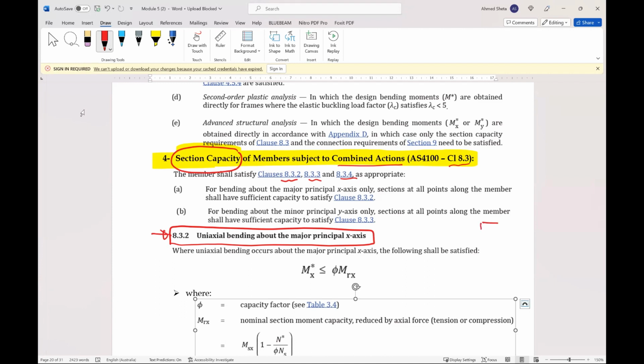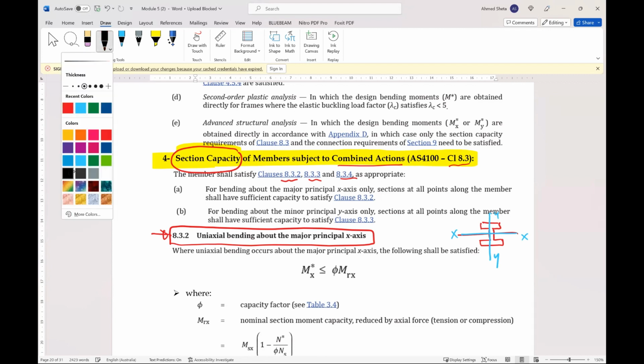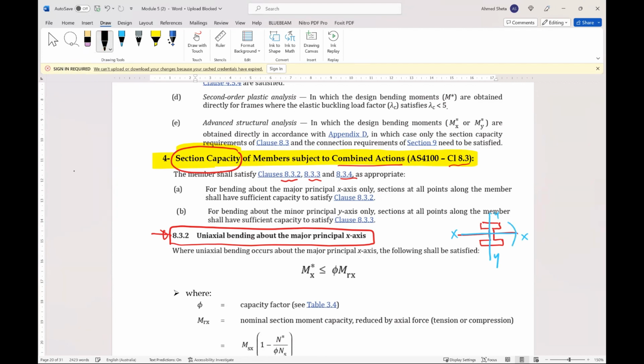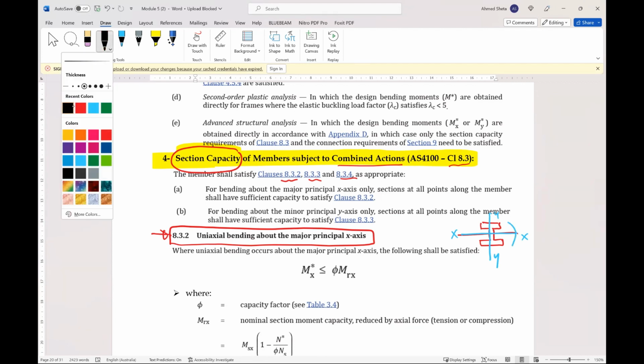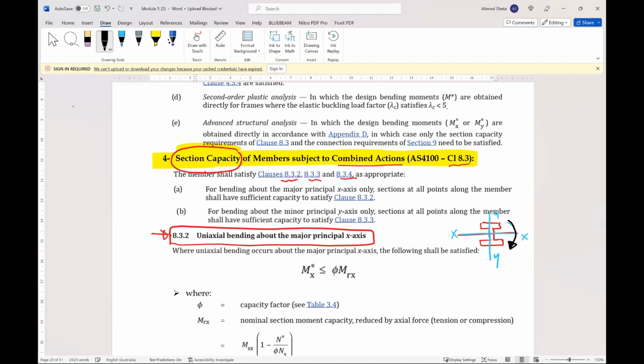So if you have a beam like that or a member like that, you have x-axis and y-axis. In this case, we have the moment about the major axis. Here, what is the major axis? The major axis is the x-axis. So this is moment about major x, or Mx.